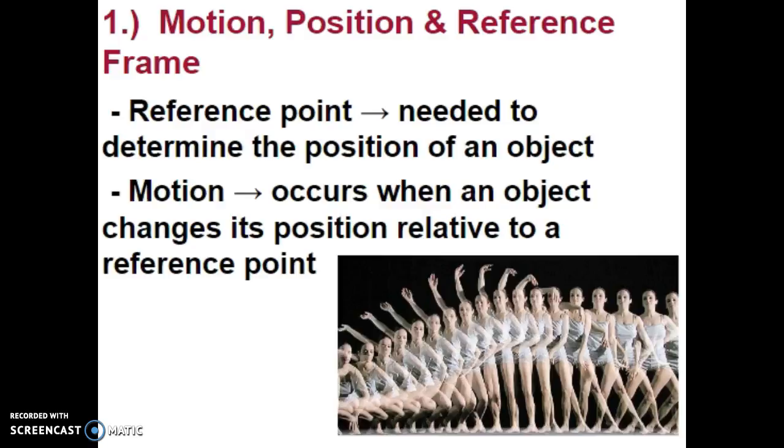Either the background is changing relative to that object, whether it be a person or whatever, but we need that frame of reference so we know that the object is what is moving and not ourselves.